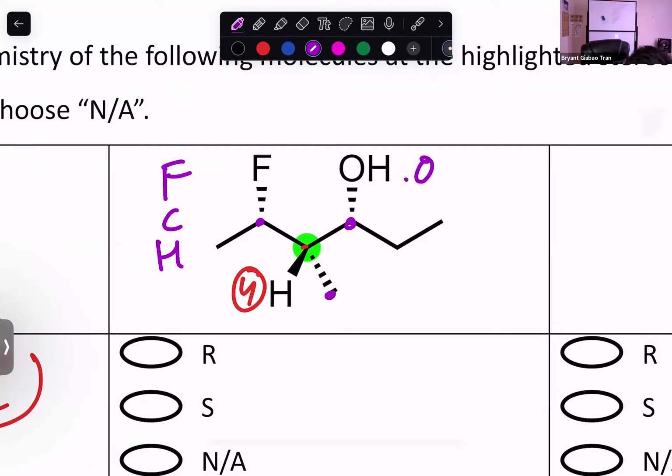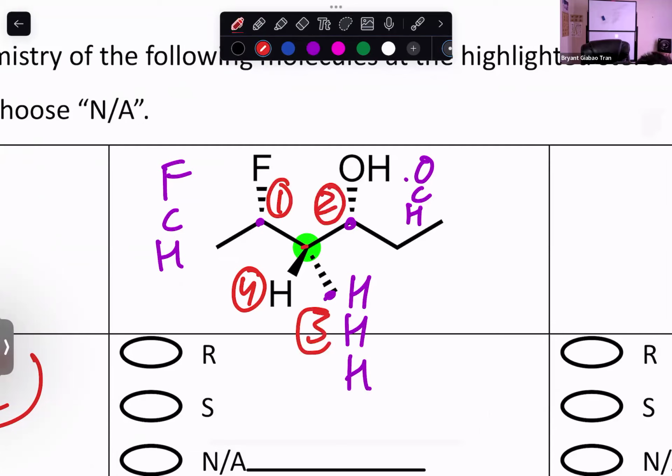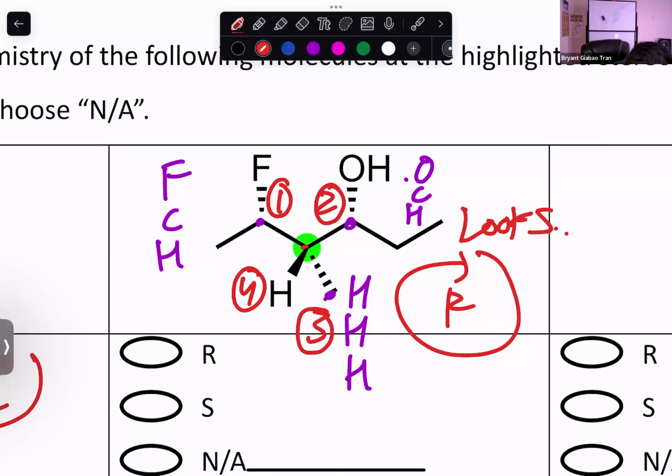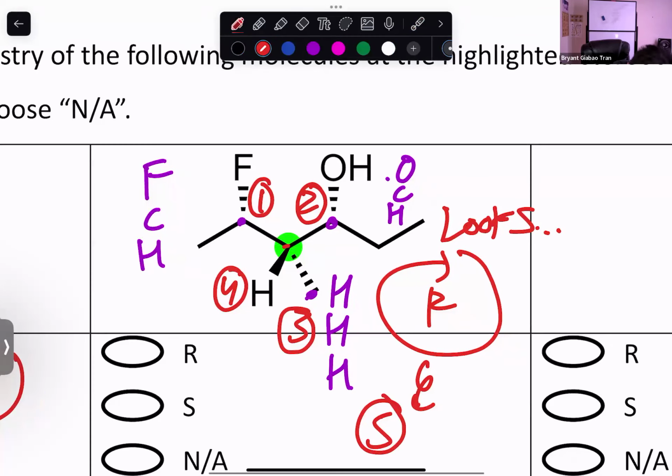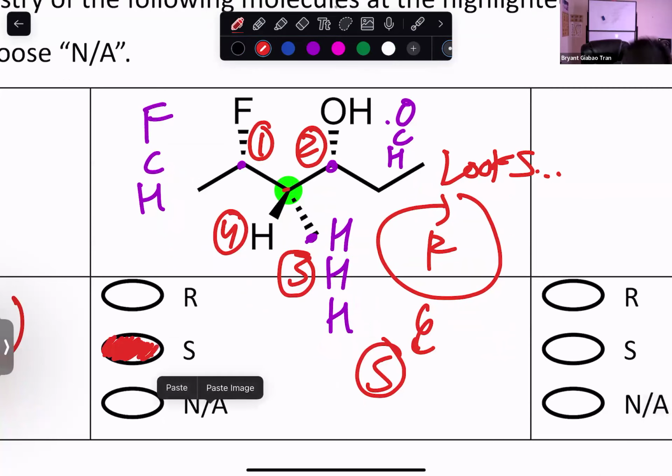This carbon here is attached to an oxygen, carbon, and hydrogen. This carbon here is attached to hydrogen, hydrogen, hydrogen. Fluorine has the highest atomic number, so that's going to be number 1. This is going to be number 2. This is going to be number 3. Going this way, it looks R, right? But we got to flip it to S because the lowest priority group is on a wedge. So that's S right there.